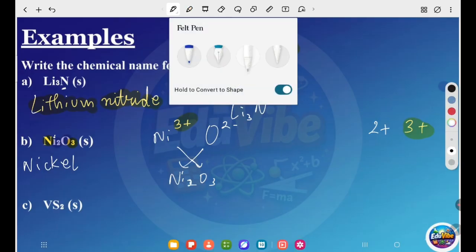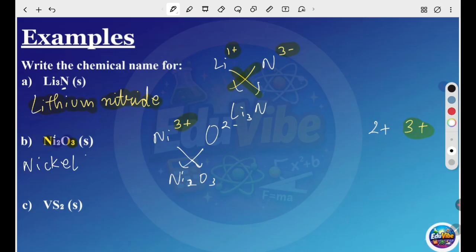If there is a 3 charge, we write it in brackets in Roman numerals, like this, nickel(III), and for oxygen we drop the last letters and use oxide. So we make nickel(III) oxide. If it is 2, we make the Roman numeral 2 for this.